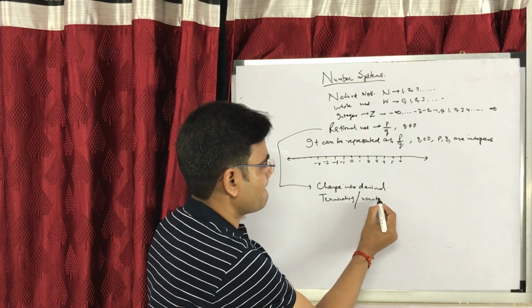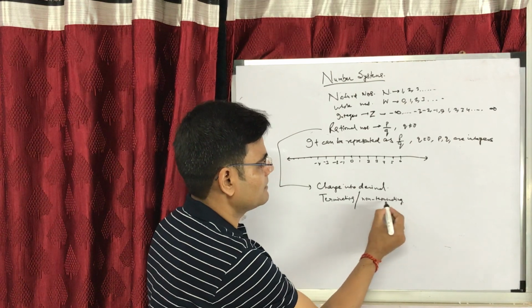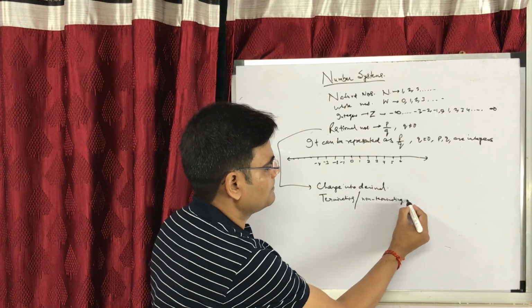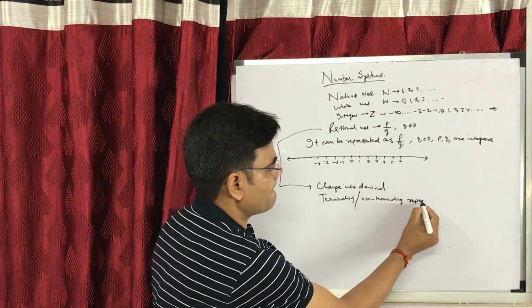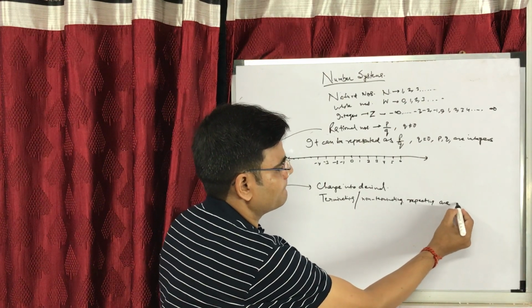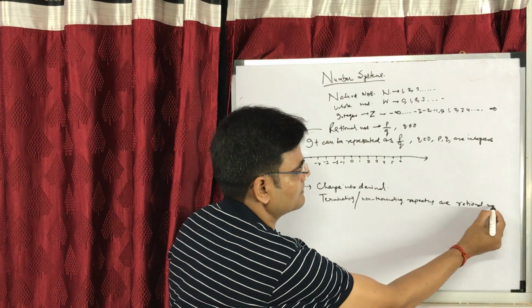Non-terminating and repeating, good, they are rational numbers. What do I mean by this? I'll explain.